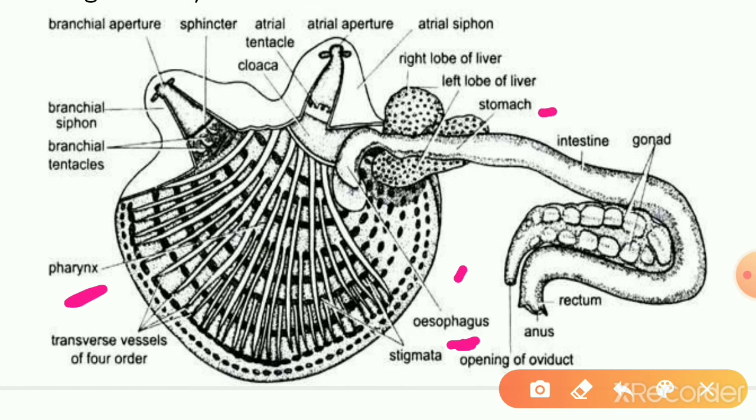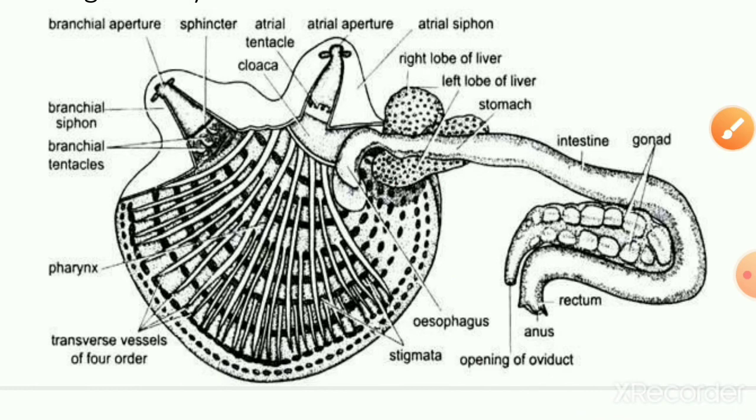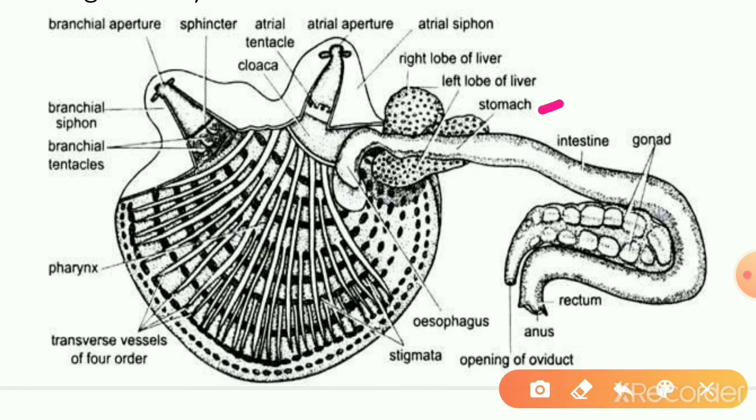After this is the stomach. This is the extended structure. The stomach is a thin-walled tube and it is surrounded by the liver. Left and right lobes of the liver are present around the stomach.